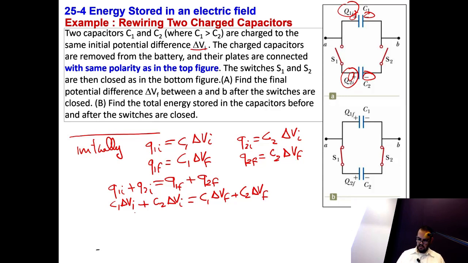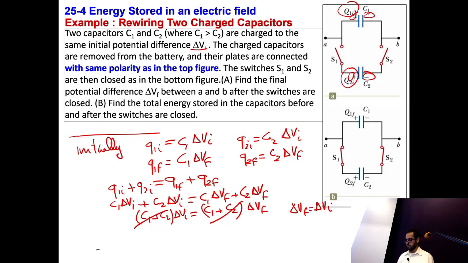Notice we can write C1 plus C2 times delta V initial equal to C1 plus C2 times delta V final. So this cancels and we obtain that delta V final is equal to delta V initial.